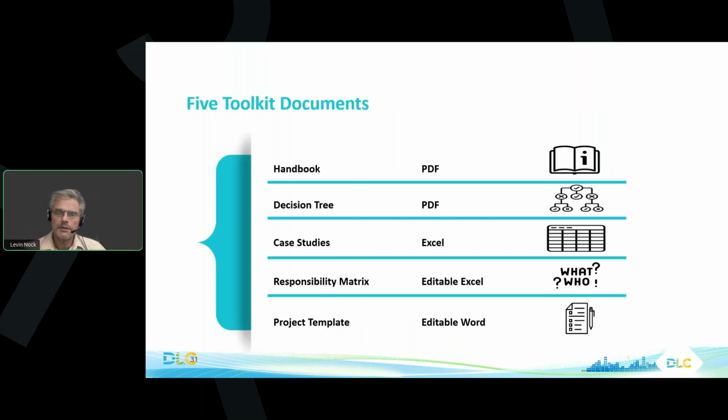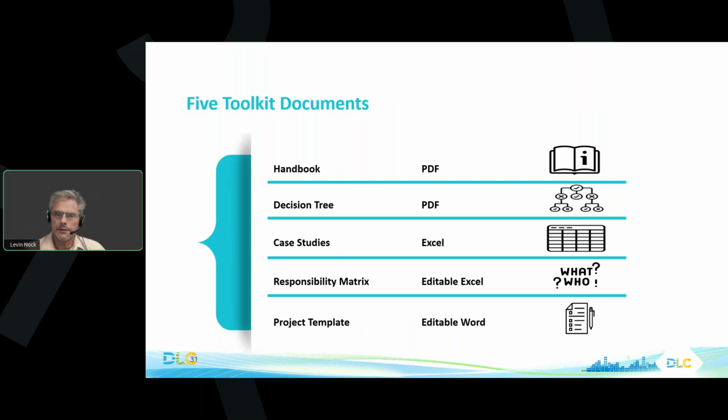The toolkit consists of 5 documents in a zip file. First is the handbook, a concise reference manual to help people communicate between silos from the world of lighting and the world of HVAC. Next is the decision tree, a guide to choosing appropriate projects and avoiding projects where energy savings are unlikely.